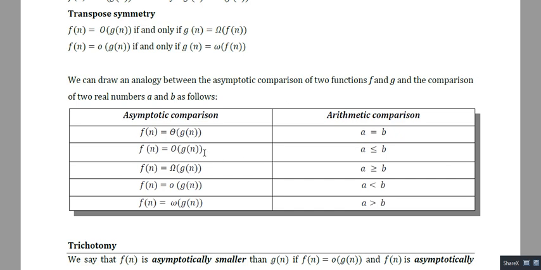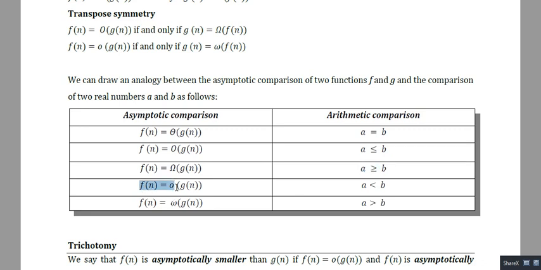So f(n) equal to theta of g(n) is quite similar to a equal to b. f(n) equal to big O of g(n) is similar to a less than or equal to b, meaning f(n) is less than or equal to c into g(n). f(n) equal to big omega of g(n) means f(n) is greater than or equal to c into g(n), which is similar to a greater than or equal to b.